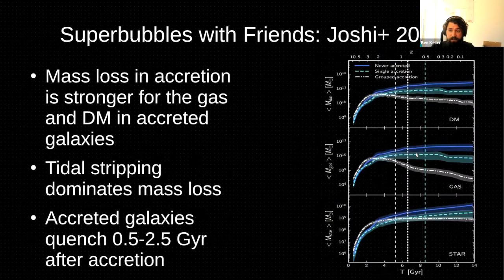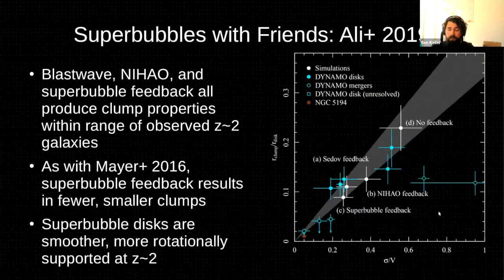Gindali Joshi was able to use the superbubble model to look at how accretion onto groups can strip dark matter and gas out of accreted satellite galaxies and ultimately quench the star formation within them. A group in Australia used, again, superbubble feedback to examine the growth of clumps in Milky Way mass progenitors at redshift 2.